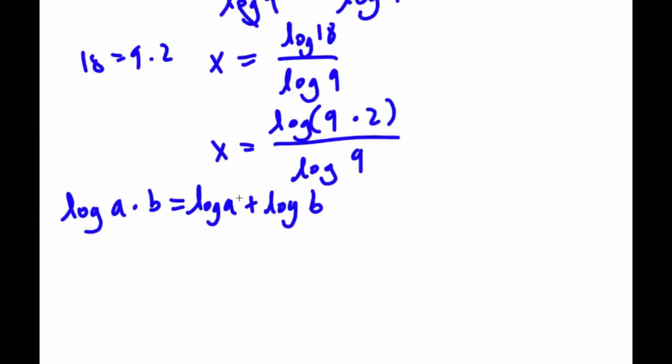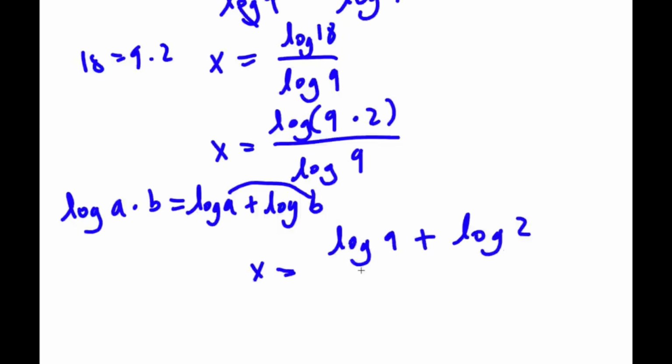Because remember, when you're adding logarithms, you're technically just multiplying the two numbers in front of the logarithms. So now log 9 times 2 is going to equal log 9 plus log 2. So I have log 9 plus log 2 divided by log 9.